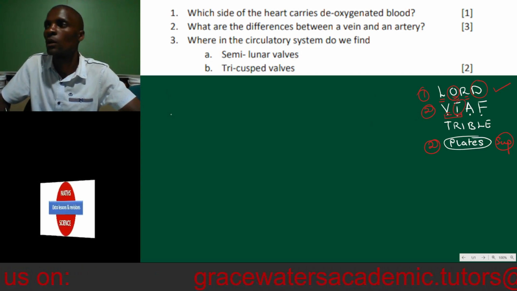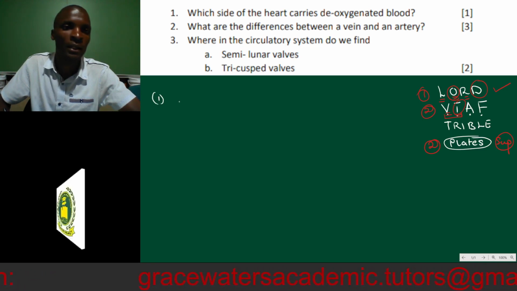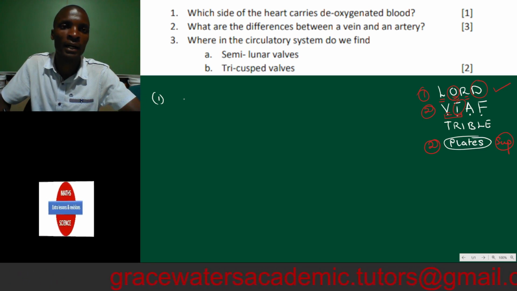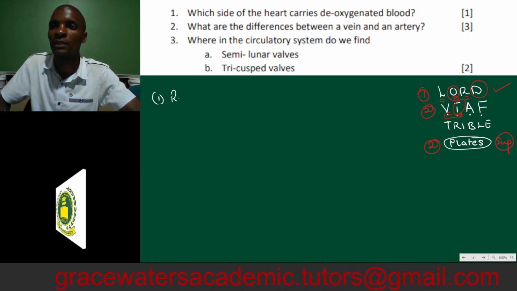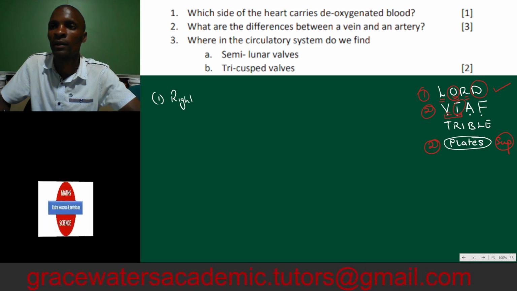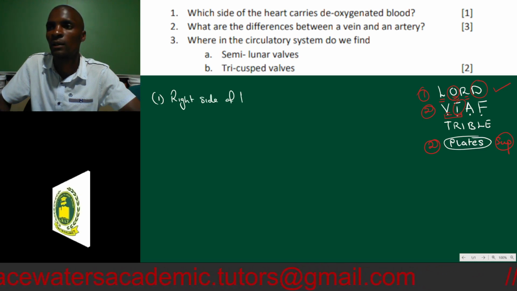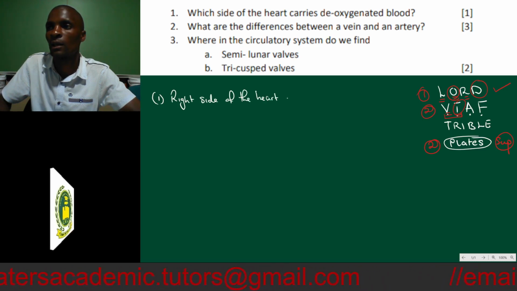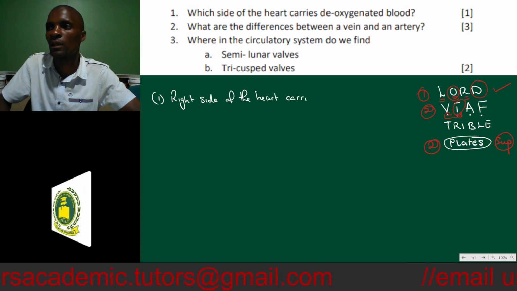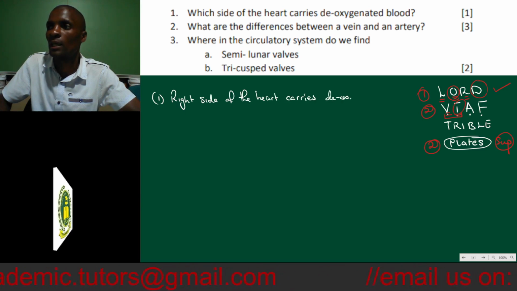Number 1 was saying which side of the heart carries the deoxygenated blood. So we found that the right side of the heart carries deoxygenated blood.